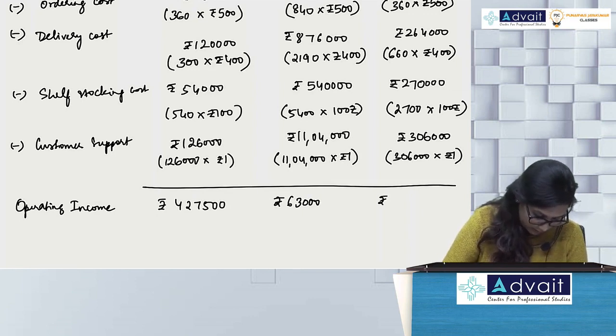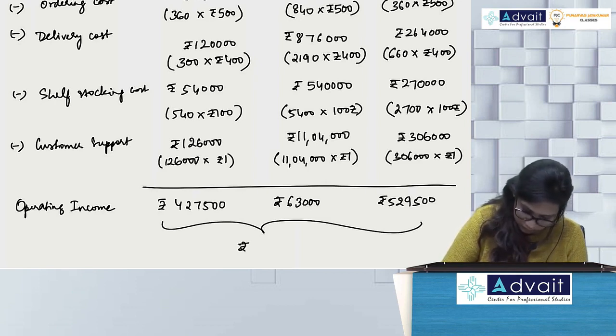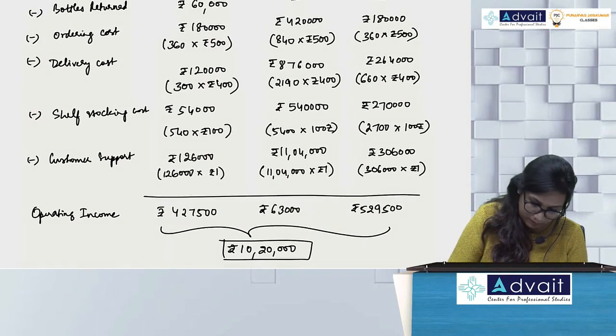And third one will be 5,29,500. Adding these, how much did you get? You get 10,20,000 as the total operating income.